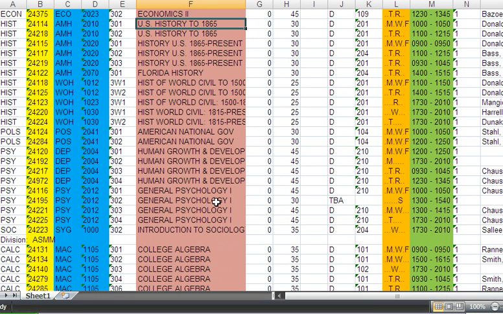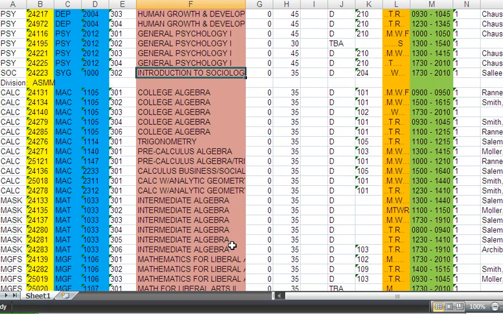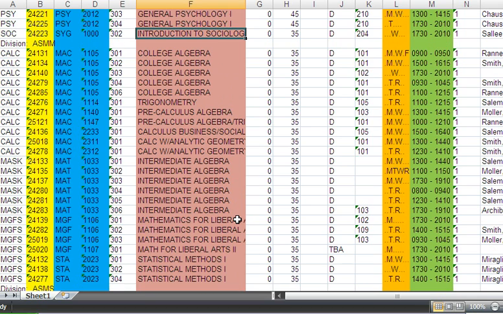That would be a great opportunity to do that this next semester. Really popular courses are human growth and development, general psychology, sociology. Again, I'm not looking at the times, but to see if that would even work for you guys. But that's what a lot of kids as sophomores have taken.